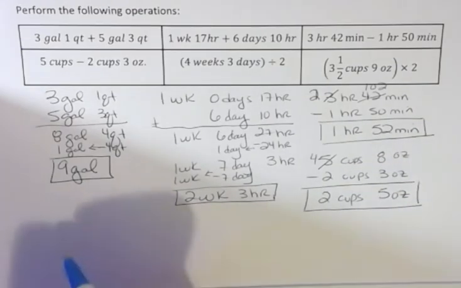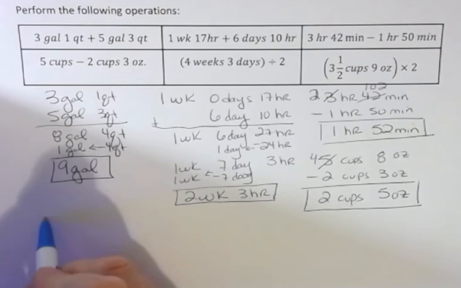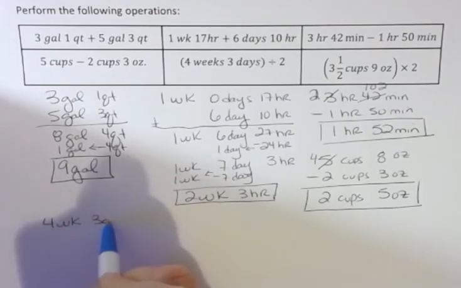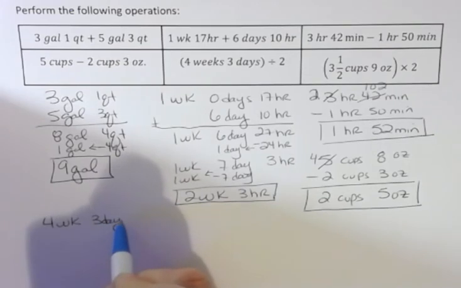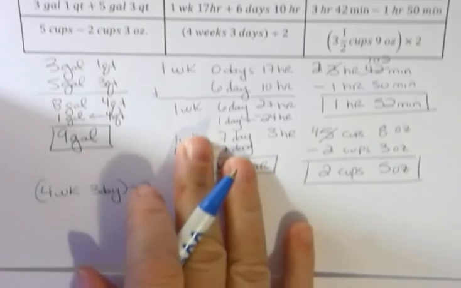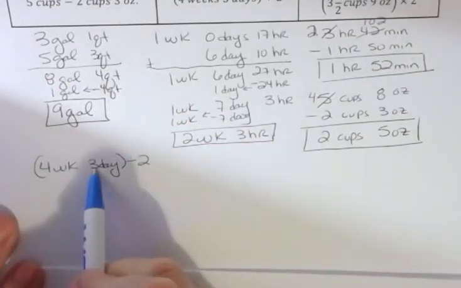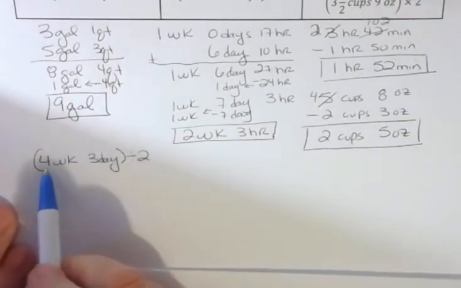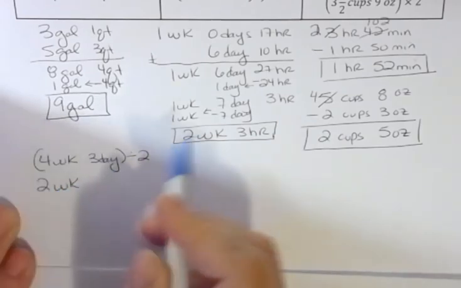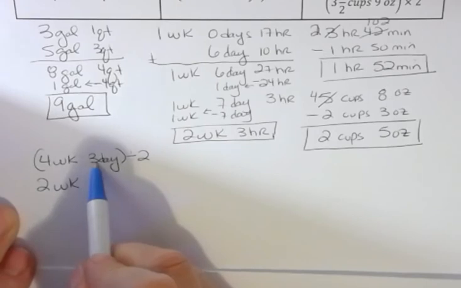The next I'm going to do is this division, and I have 4 weeks, 3 days, and I'm dividing by 2. This one is a little trickier because I'm not going to get an even answer here, right? But I will for the first part. 4 weeks divided by 2 is just 2 weeks. That's great. And then I'm going to divide 3 by 2.